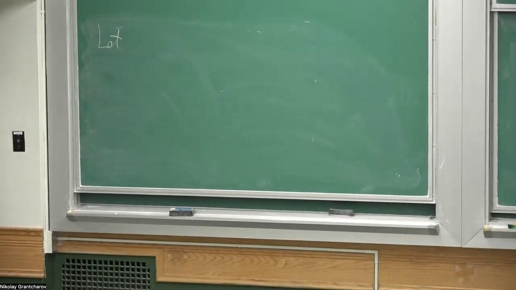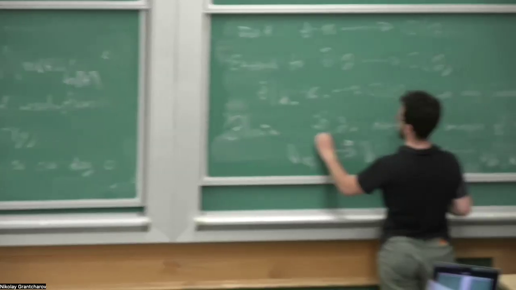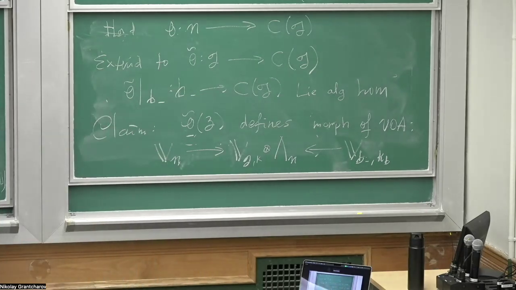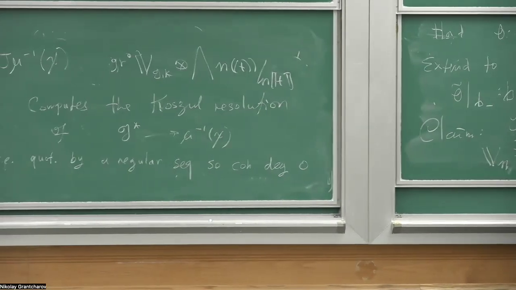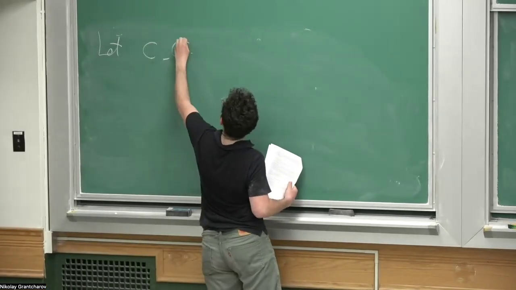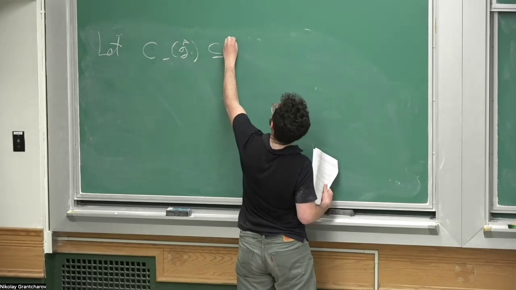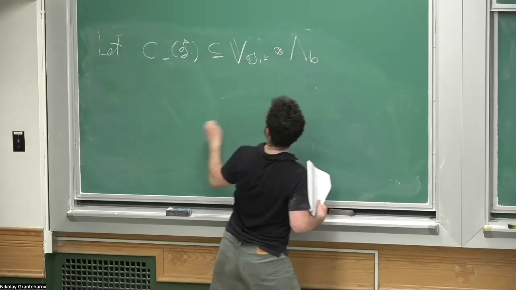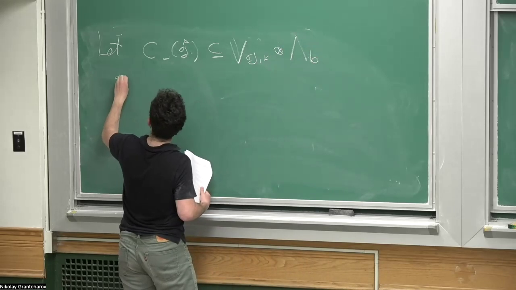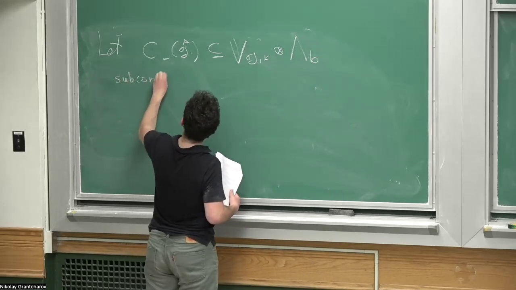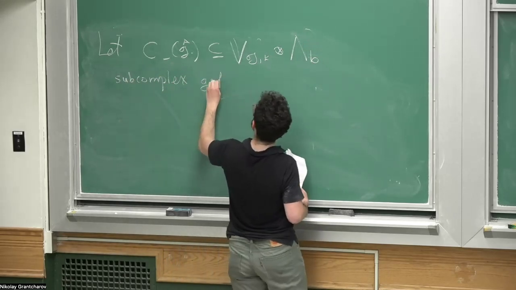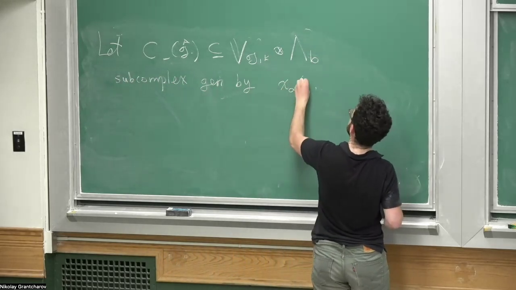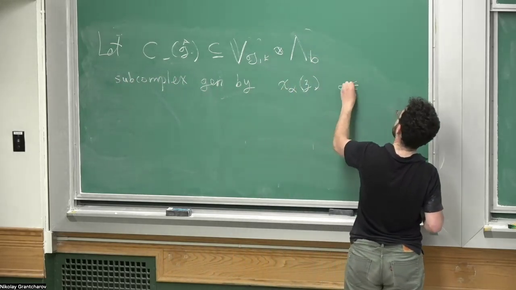This has a name. So we call that C minus, the subcomplex of that, subcomplex generated by X alpha, where alpha is a positive root.